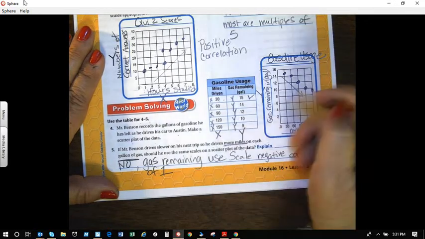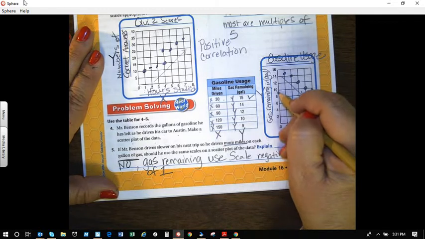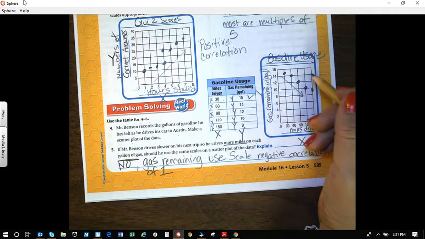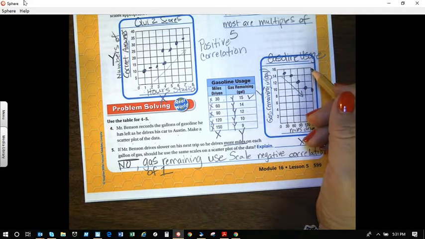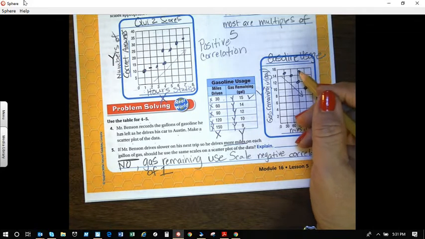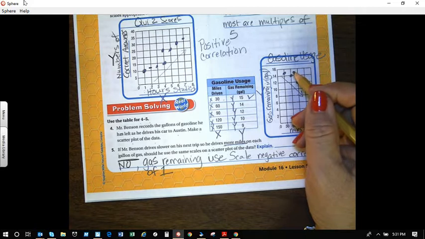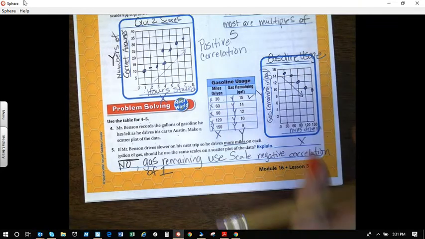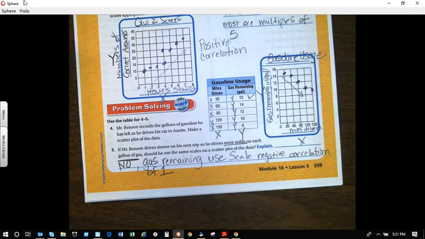So it'll just be 1, 2, 3, 4, 5, 6, 7, 8, because he's going to be using less. He's going slower, so he can show each gallon of gas. So for every 1 gallon, this is how many miles he went. So you have to use a different scale. We're going to have some practice questions tomorrow when you take your quiz, and then you'll get an idea of how it's going to be asked, and we'll go over that.